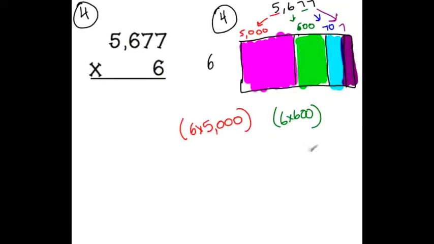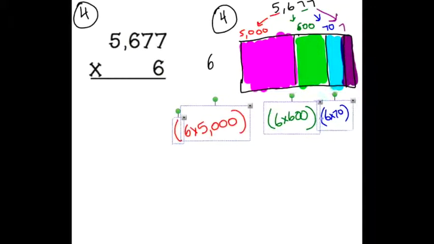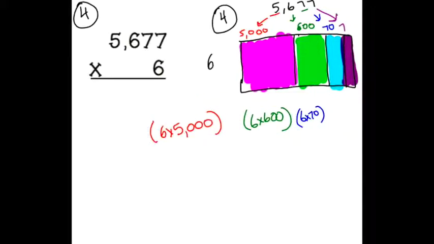For the green one, my next one is going to say 6 times 70. Oh, and I'm running out of room, so I'm going to scoot it over a little bit. My last one is going to say 6 times 7.